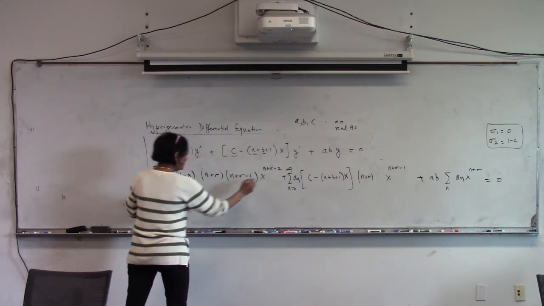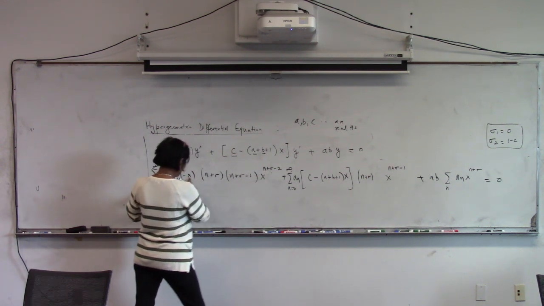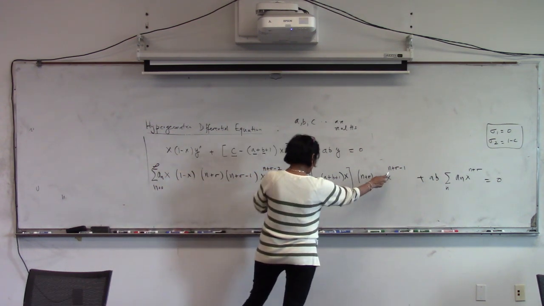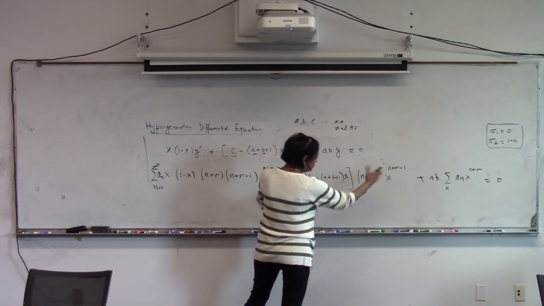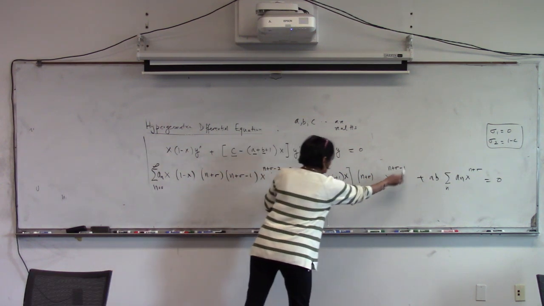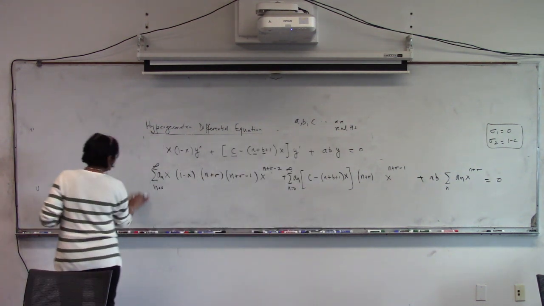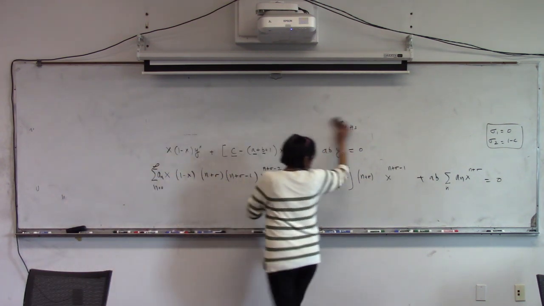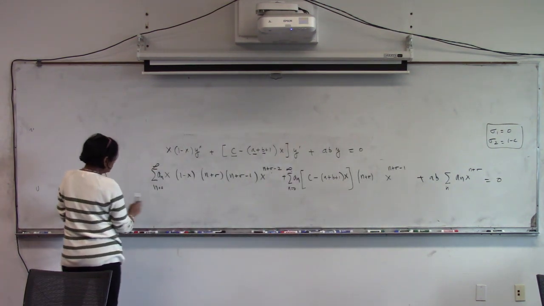This will be x to the power of n plus sigma because it's x squared. And this one will become x to the power of n plus sigma. So we have two types of terms coming, x to the power of n plus sigma minus 1 and x to the power of n plus sigma terms. So let us keep them separately so that, okay, I need space, I'm going to write on top.